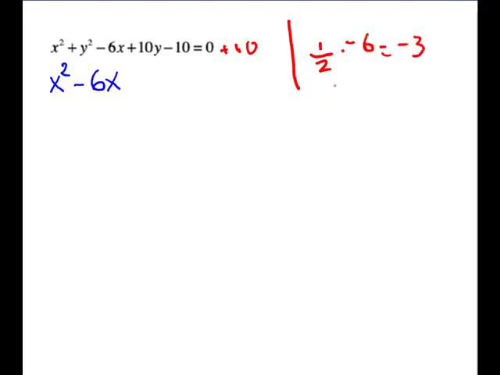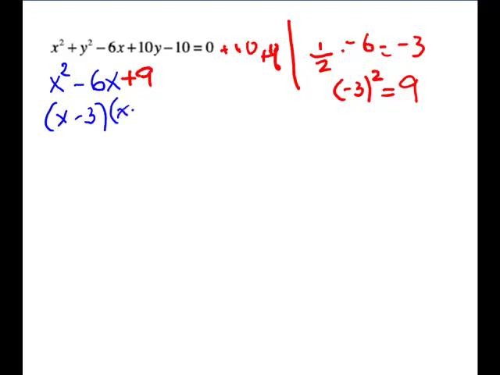I'm going to square it, which gives me 9. And I'm adding that to both sides. All right, so now I can factor. I have x minus 3 squared.